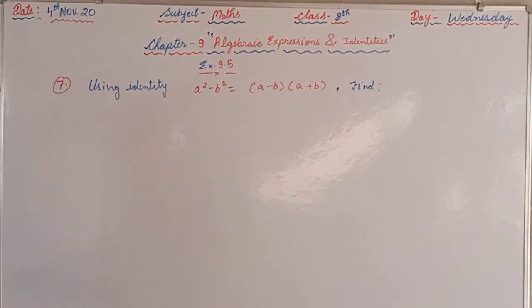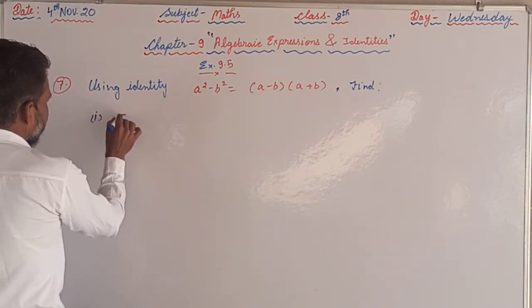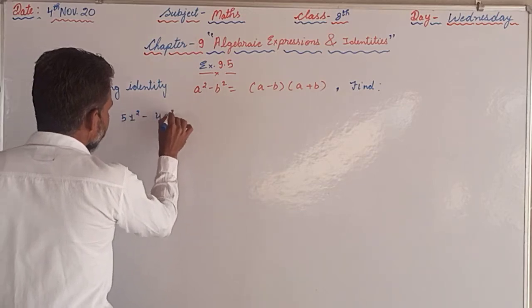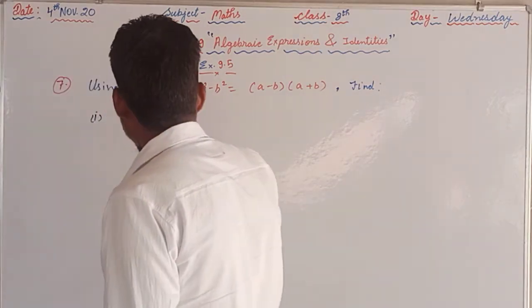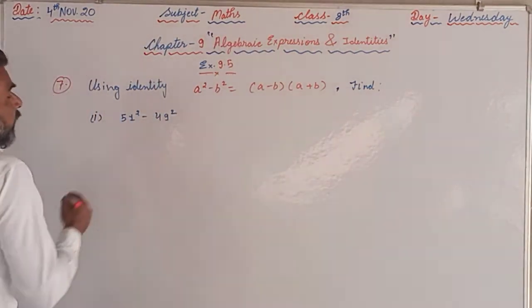So the first one is 51 square minus 49 square. We are supposed to use the above mentioned identity.